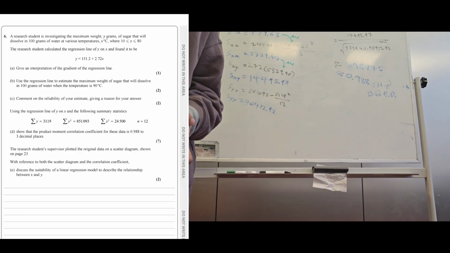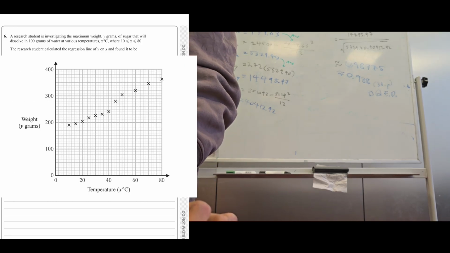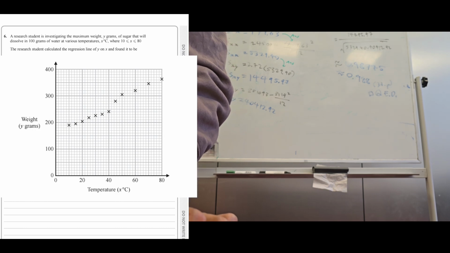So the research student supervisor plotted the original data on the scatter diagram as shown on page 23. That's a nice diagram. They discuss the suitability of a linear regression to describe the relationship between x and y.